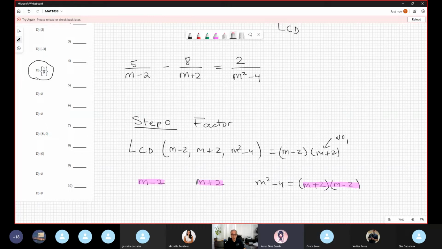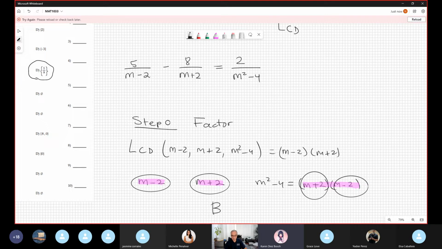I repeat one more time. I know it's very complicated to understand. But in my experience teaching that part, students confuse in their mind common denominator and greatest common factor. In this case, it's the least common denominator. The rule, one more time: you have to take every factor. Every factor is m minus 2, m plus 2, m minus 2, m plus 2.